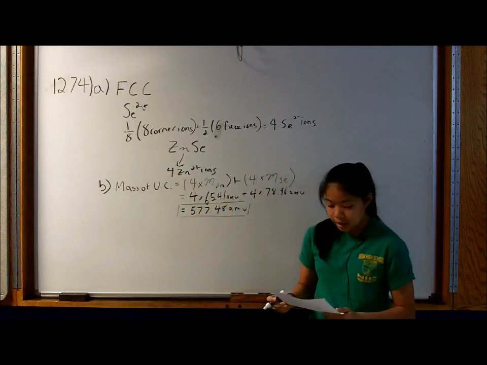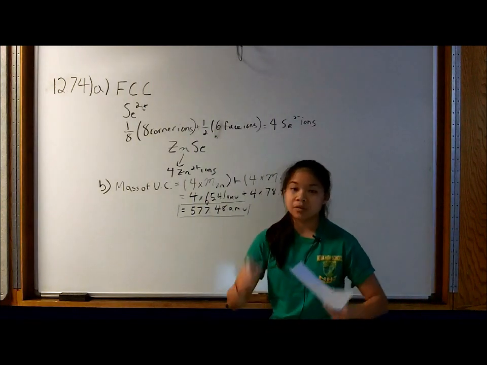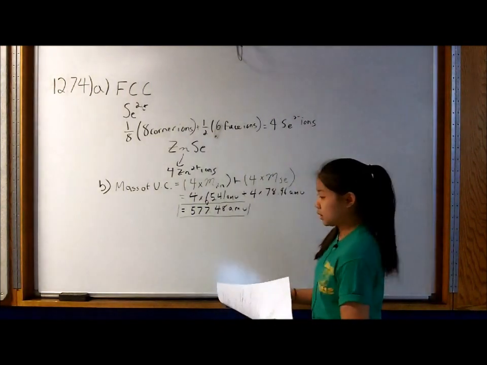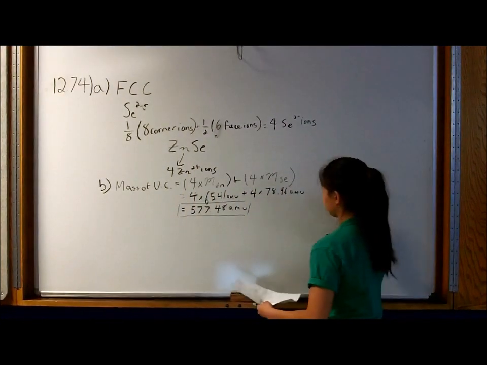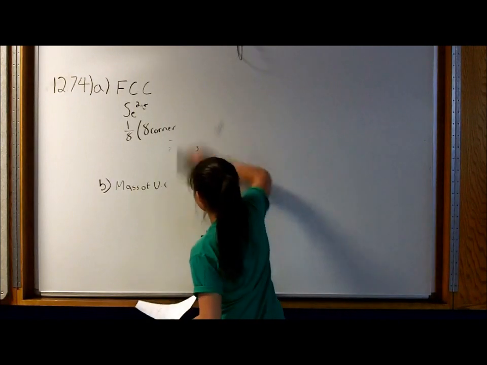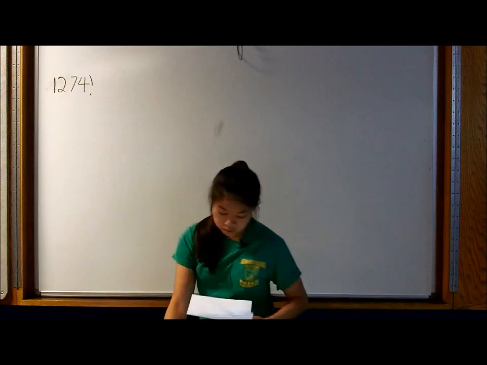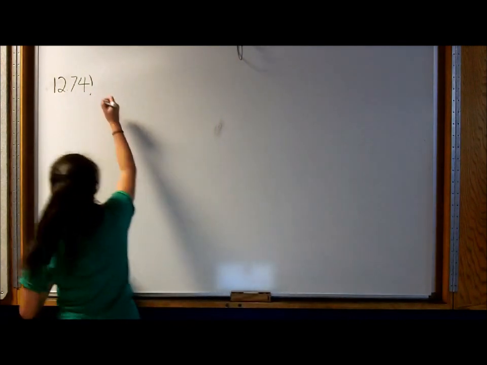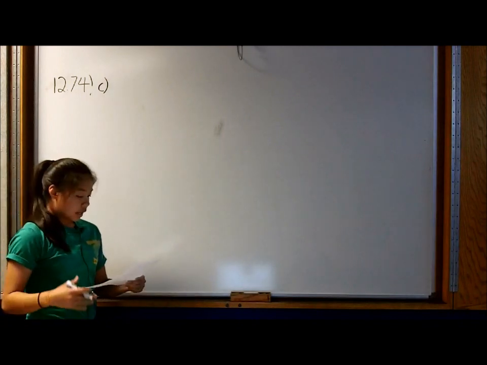All right, so the next part they ask you to find is the volume of the unit cell. I'm going to erase the first 2 parts so that I can have space to write part C. What you want to do for part C is write out everything you know about the system.